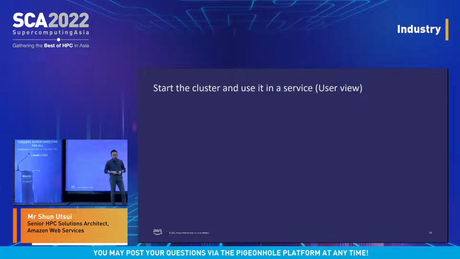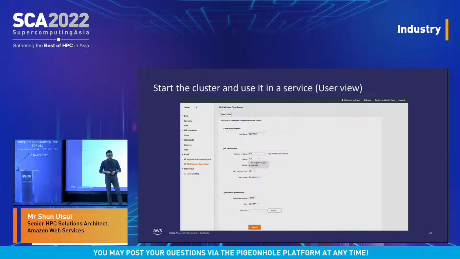Now, I also want to show you how a user would see the cluster from their side. And here you have an application template. So let's assume you have created an application template for OpenFOAM. And what the users will see is this part in the middle.